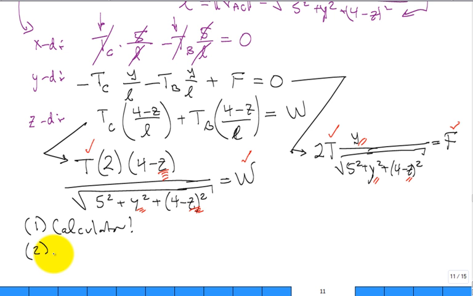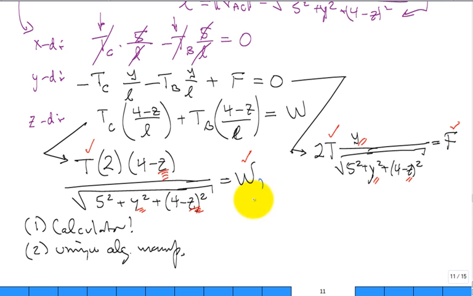How would I do it? By some unique algebraic manipulation. How would I possibly do it? Well, I know that I had this L under here. What I could do is take this equation here.